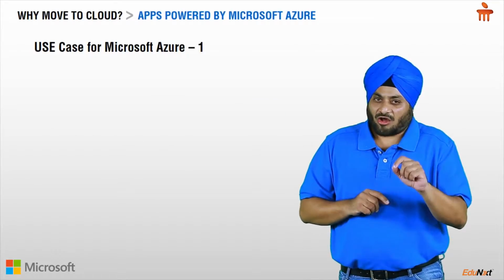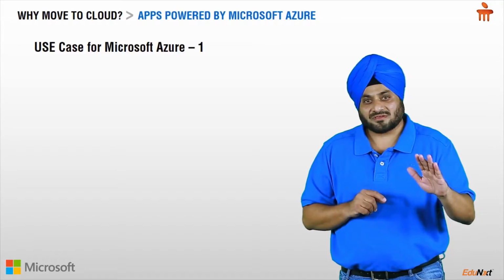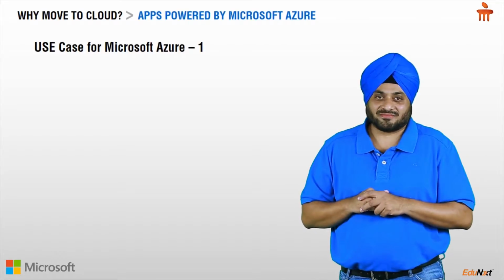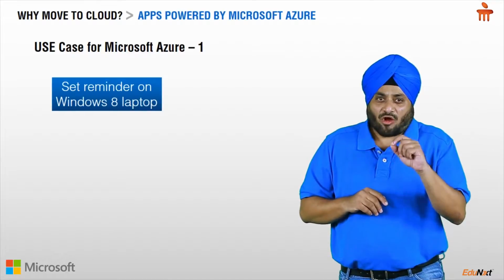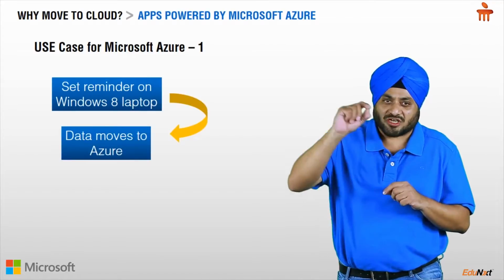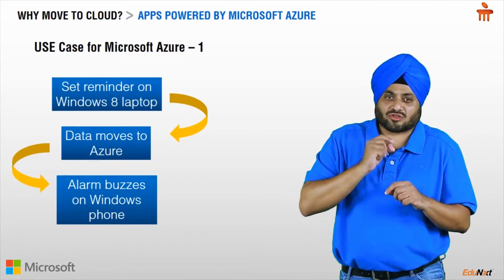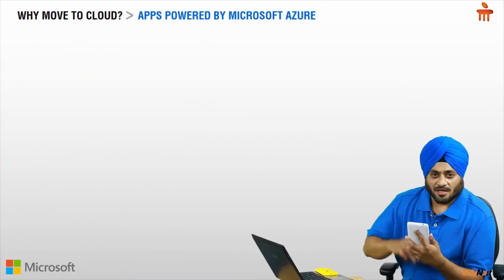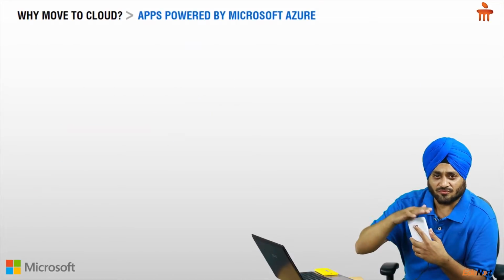Now we will see how this is done using Microsoft Azure, a Windows 8 laptop, and a Windows Phone. We will see how to set up a reminder on the Windows 8 laptop, how this data moves to Azure, and gets synced to my Windows Phone device. Here I have with me a Windows 8.1 laptop and a Windows Phone 8.